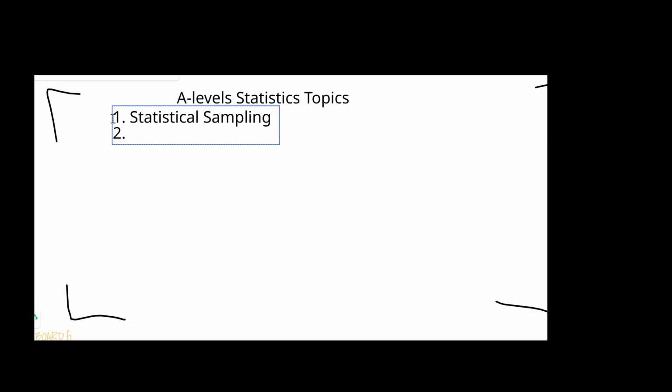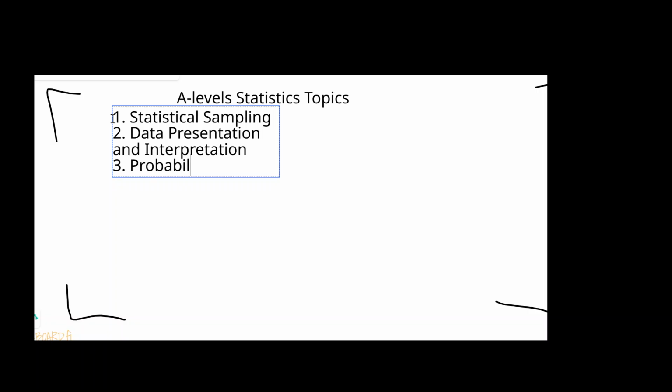There is data presentation and interpretation. Number 3, we have probability. I absolutely love probability. I really love it.